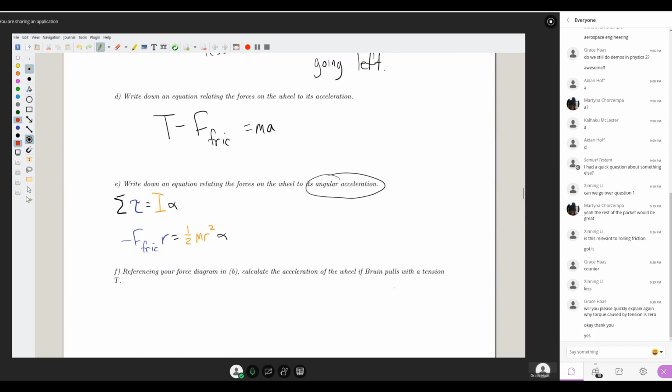Okay. So now we have this. And we can clean this up a little bit. We notice that one radius cancels from everywhere. So we get minus F fric times the radius that we canceled equals 1/2 mr alpha.